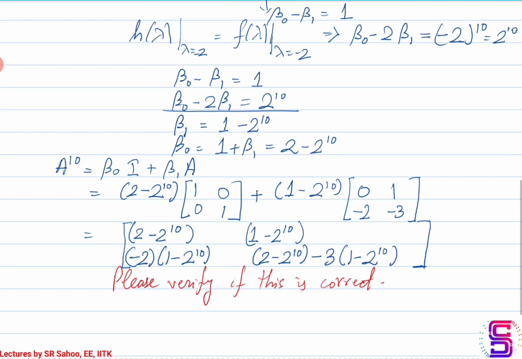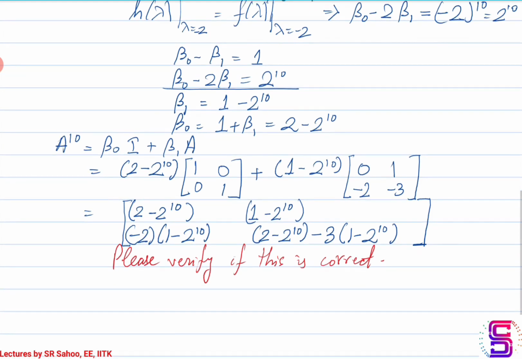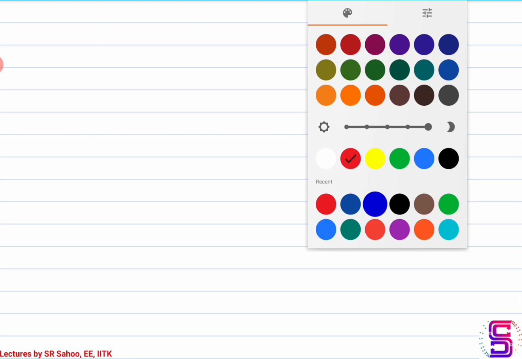Similarly, let us take another example for the same matrix, and let us say that we need to compute e power At, or exponential At. Essentially, f of A, the function of A under consideration, is this.